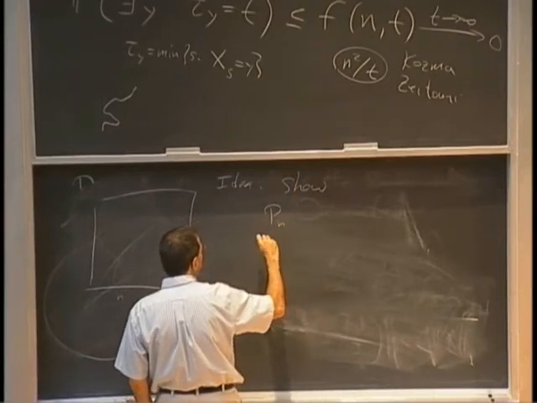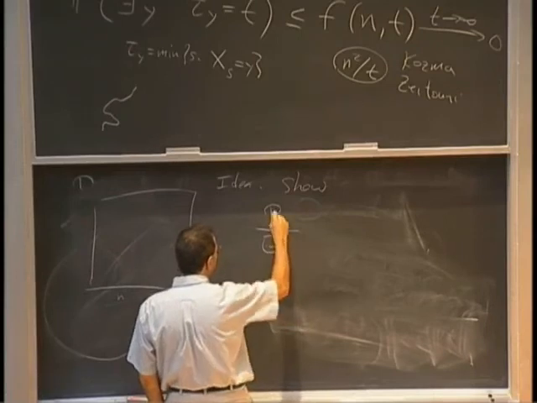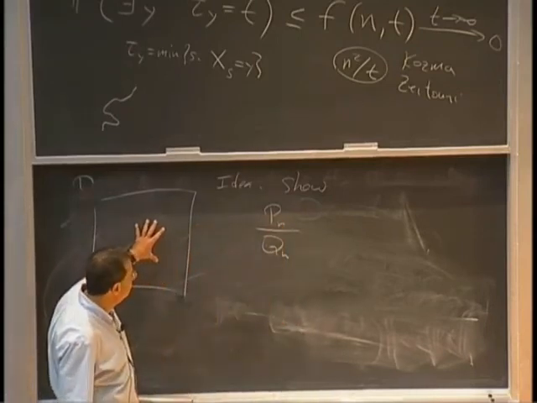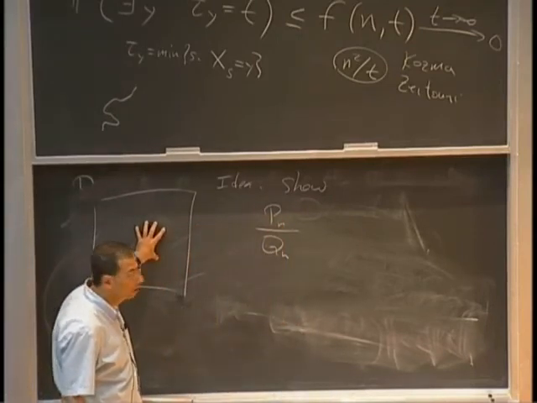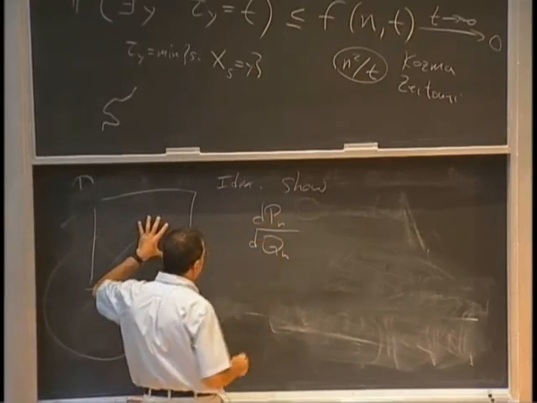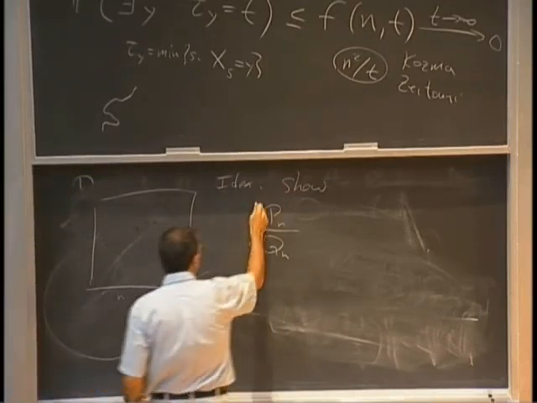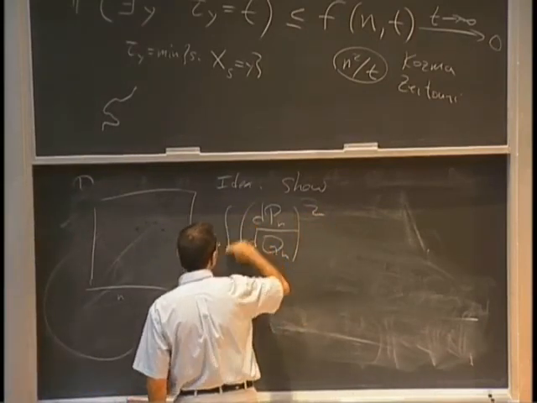If we take Pn with respect to Qn, so P and Q are just the same measures but restricted to this box, we want to take the Radon-Nikodym derivative. In any finite box, these measures are definitely absolutely continuous. We take this L2 norm.